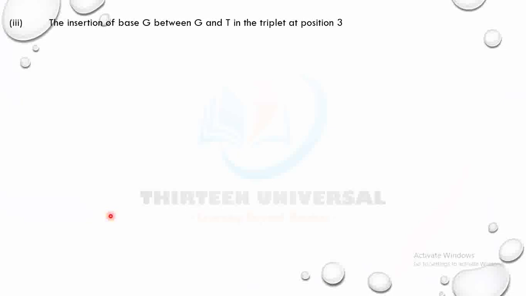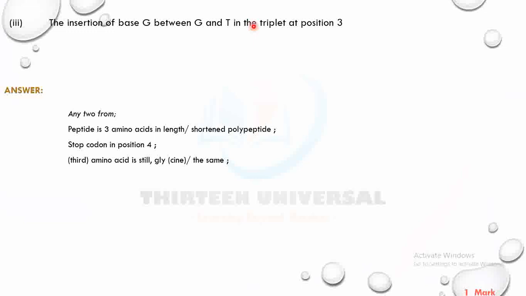Next, they say the insertion of base G between G and T in the triplet at position 3. So we'll go to position 3 and insert base G between G and T. I want you to try that.